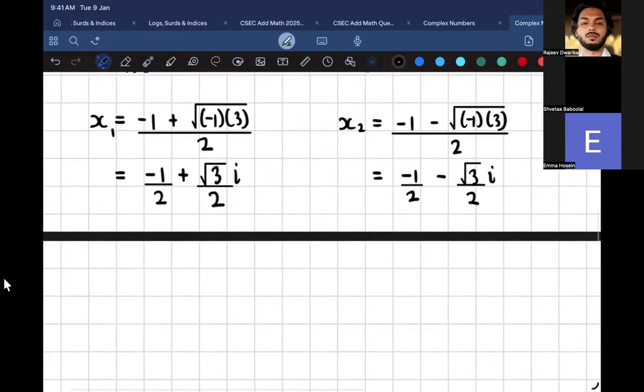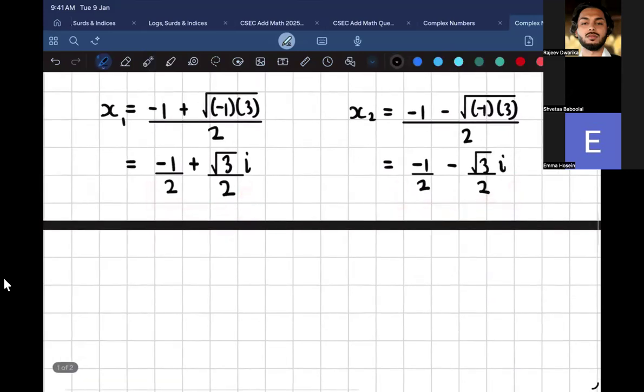Now, but notice something, Shweta. What's the only difference between this and this? The positive and negative in the middle. Right. So we're going to take note of that.